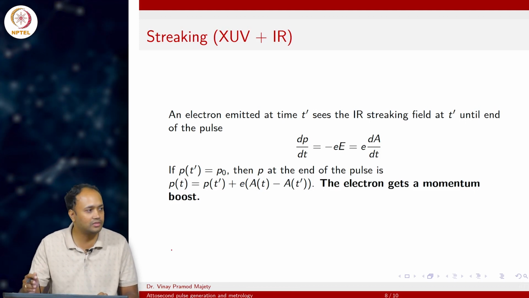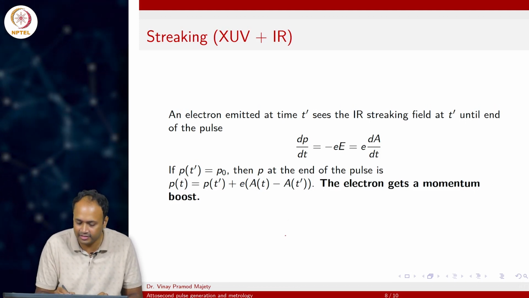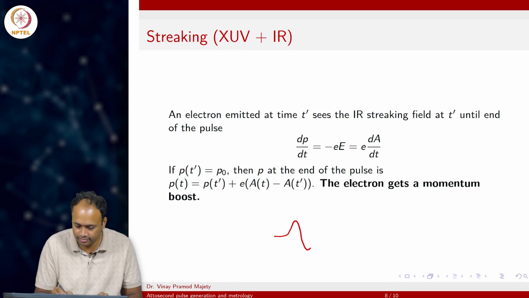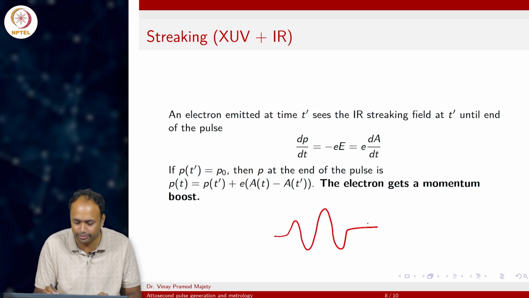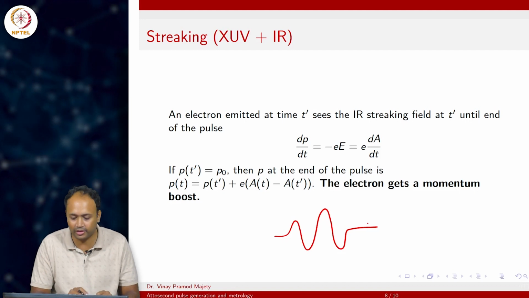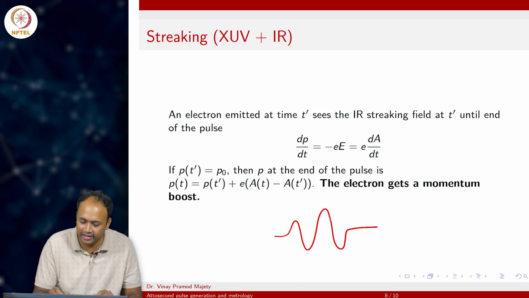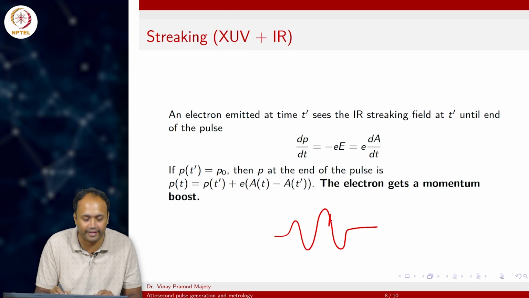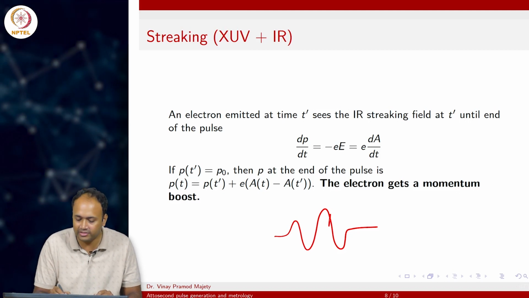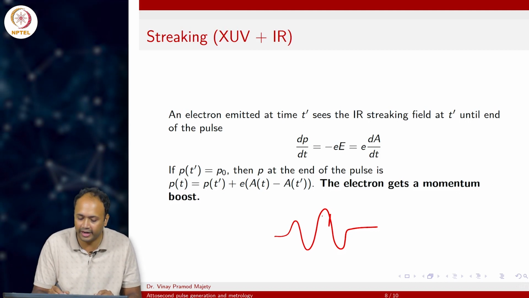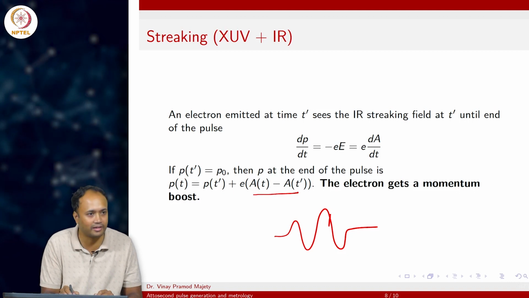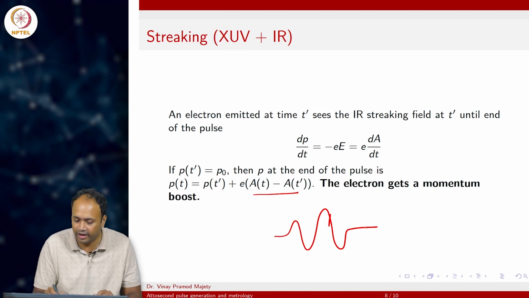At the end of this streaking laser pulse, so let's say this is my driving infrared laser which I am using along with the isolated attosecond pulse. Let us say it gets ionized at this instant of time. Now when the laser pulse gets over, it picks up a certain additional momentum, which is A of t.